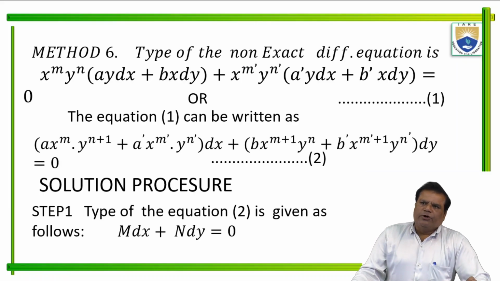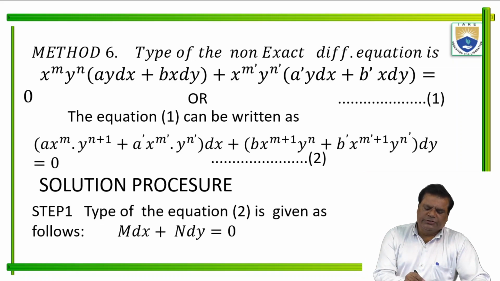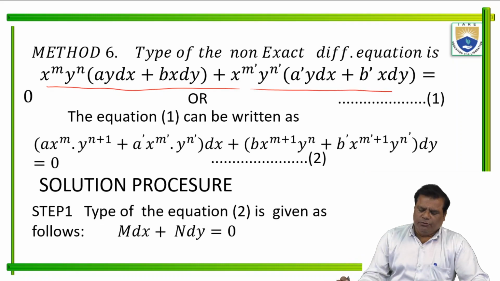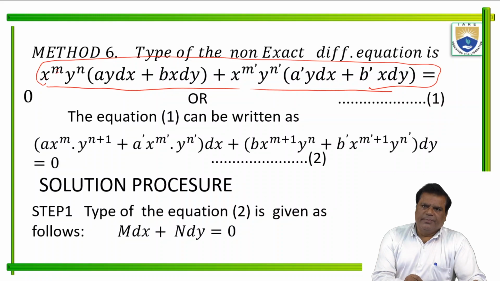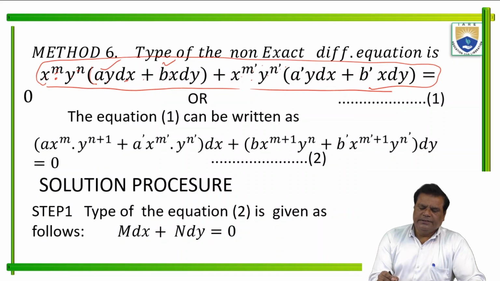So method 6, the type of non-exact differential equation is x to the power m, y to the power n, multiplied by the bracket (ay dx plus bx dy), where a and b are constants, plus x to the power m dash, y to the power n dash, where m dash and n dash are some constants, so these powers are different, multiplied by the bracket (a dash y dx plus b dash x dy) equal to 0.